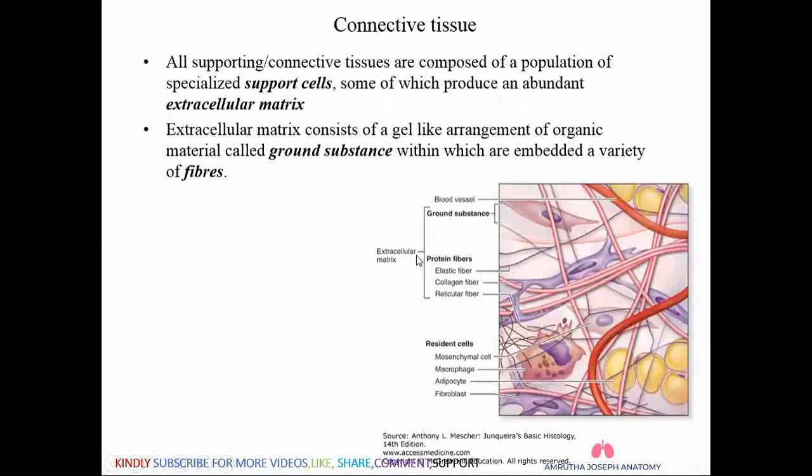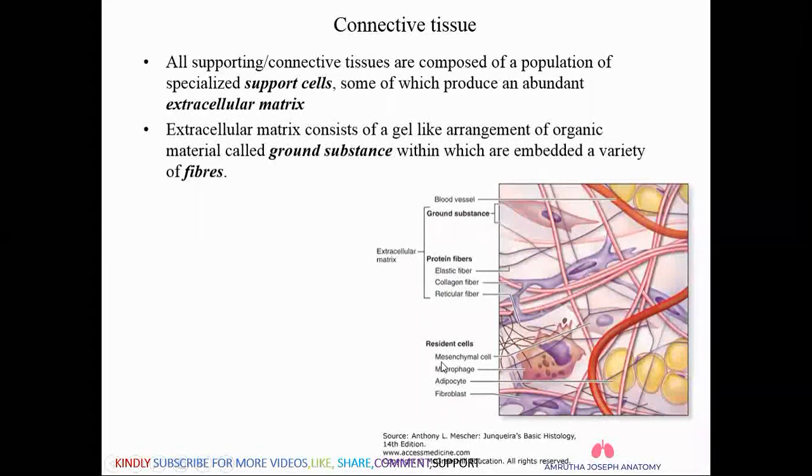Now, in the extracellular matrix, there are two things: ground substance, and the next one is fiber. Fibers of different types: elastic fiber, collagen fiber, reticular fiber. So connective tissue broadly can be having these two things: cells and matrix.